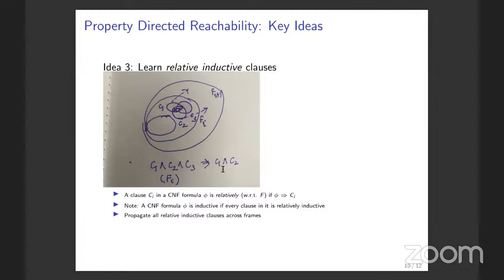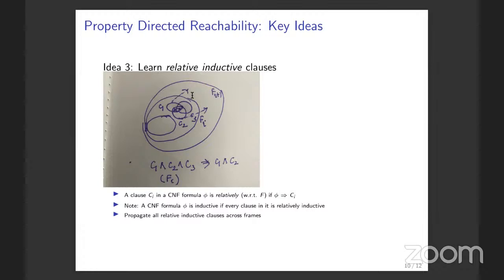Even though this is not fully inductive, it is still close to being inductive, and that is something that eventually any inductive invariant will have to satisfy. And you will see why. As it gets strengthened by removing CTIs, these relatively inductive clauses become inductive.